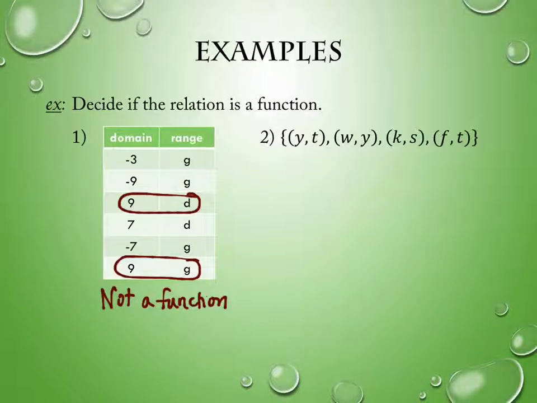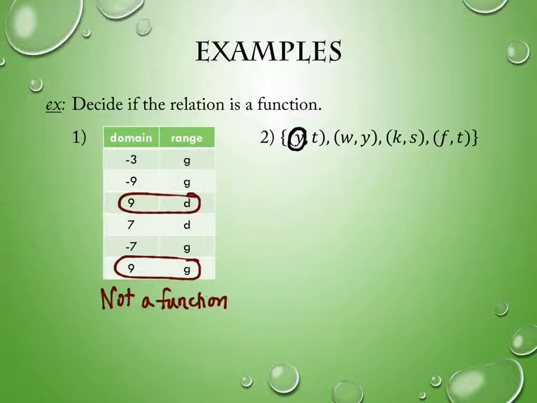So take a look at the second example. The second example is some ordered pairs. It's letters still, but that's okay. What I want to know is if each input has only one output. So we'll go through one at a time and see if we have any inputs that repeat. Here's a Y. Is there any other input that's a Y?